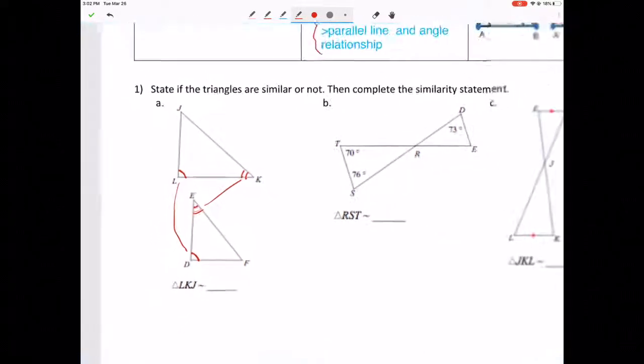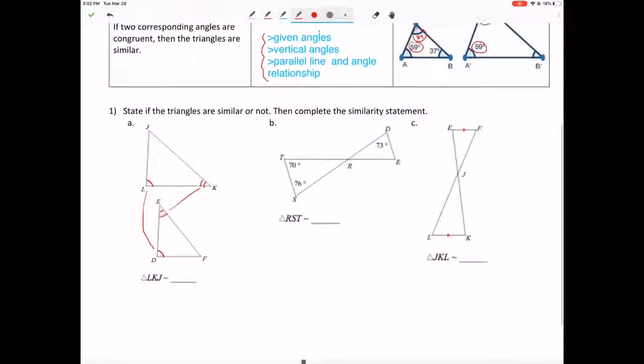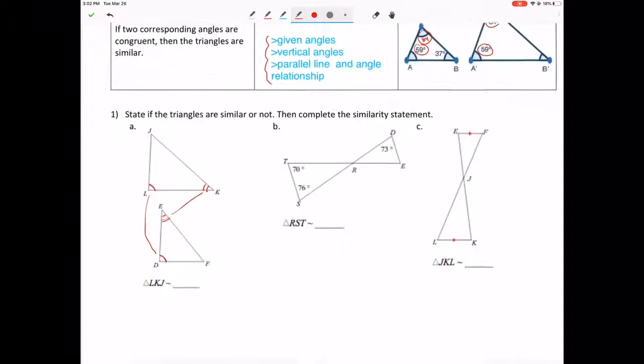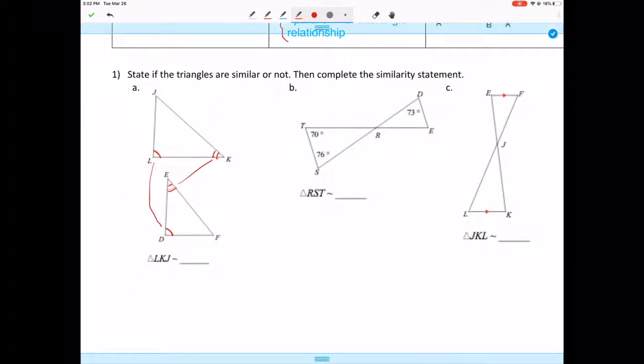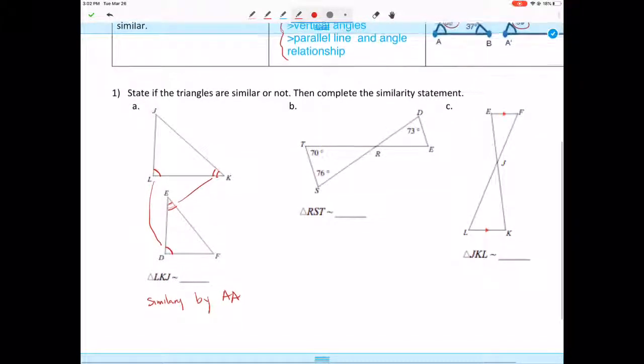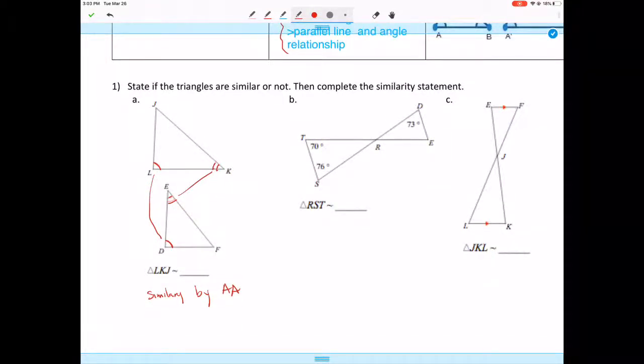And so we just said that if we have two triangles that have the same two corresponding angles that are congruent, then we know that these are similar triangles. So here we would say that they are similar by angle-angle similarity theorem.